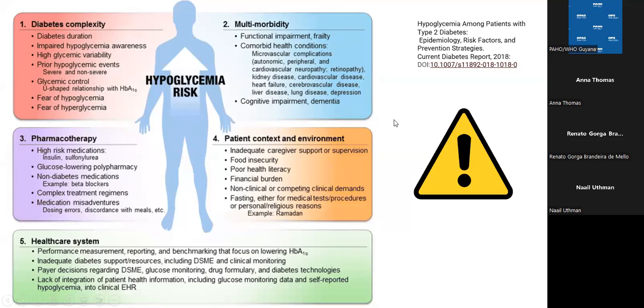If a patient has cataract or visual impairment, prescribing insulin can be a huge problem if this patient doesn't have proper support. So this is a major problem, but we have to treat diabetes properly to avoid micro and macrovascular events.